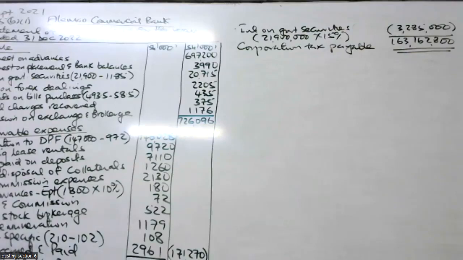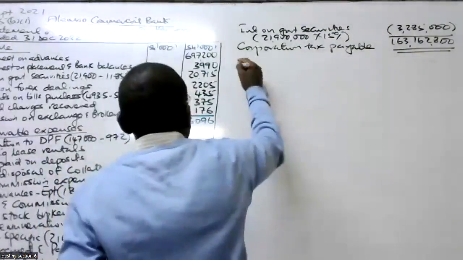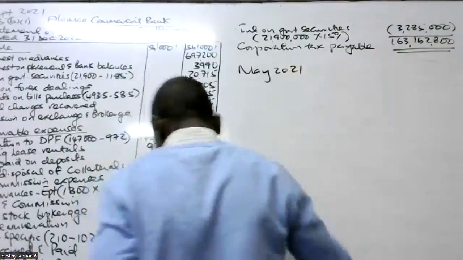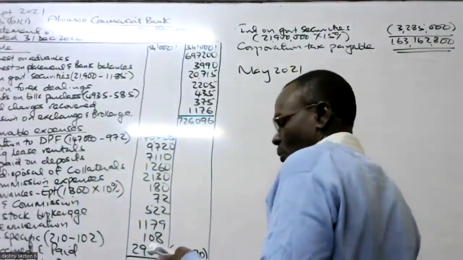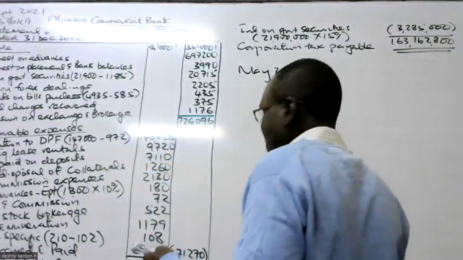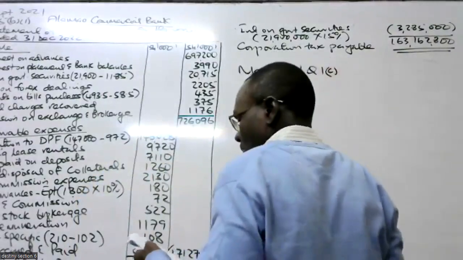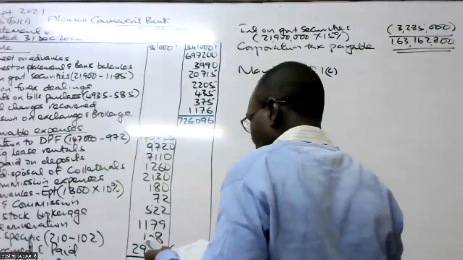So there's another banking question which you can try as an assignment. It's May 2021. Just the next page, May 2021, question 1C. Question 1C is called Maendeleo.